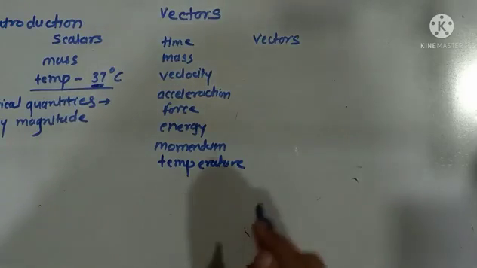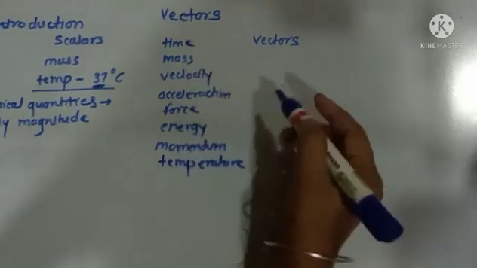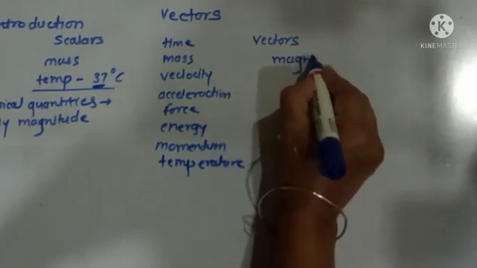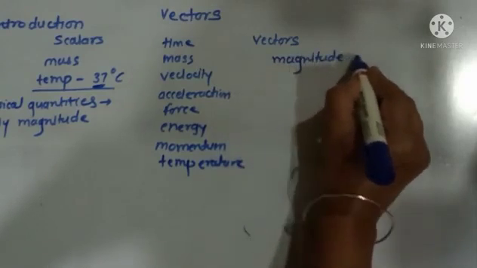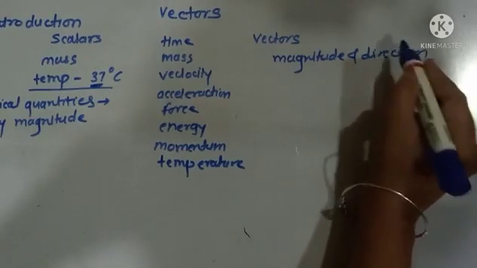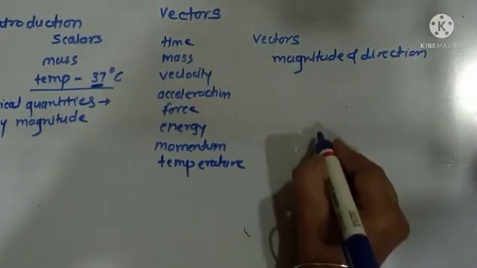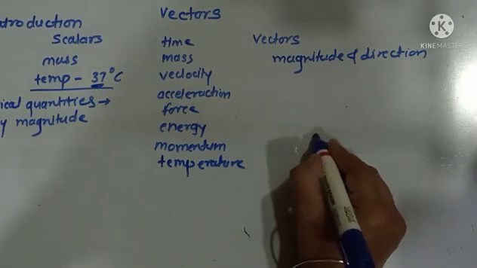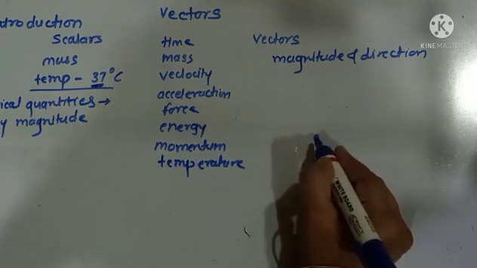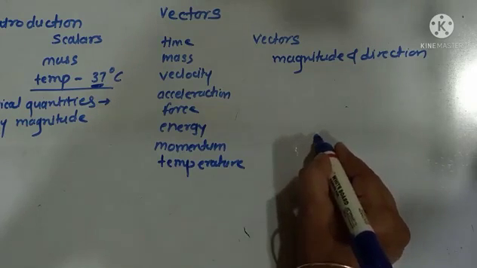On the contrary, there are some physical quantities which require magnitude and direction for their complete specification. Now let us have an example. I am standing at this point, and I have walked 5 kilometers from this point. Where will I reach?